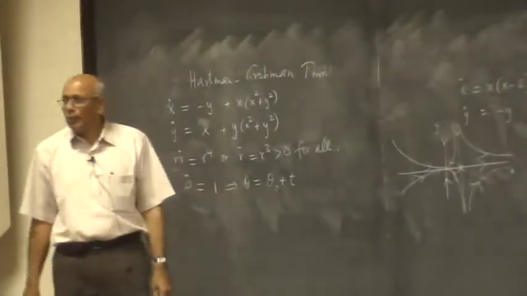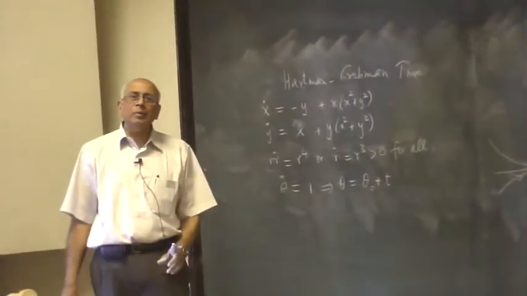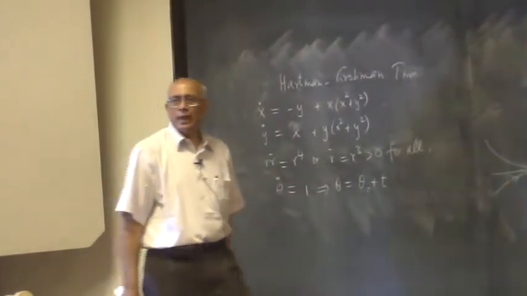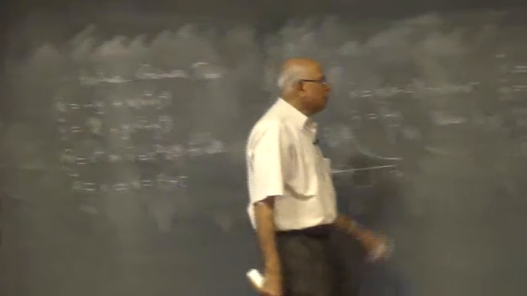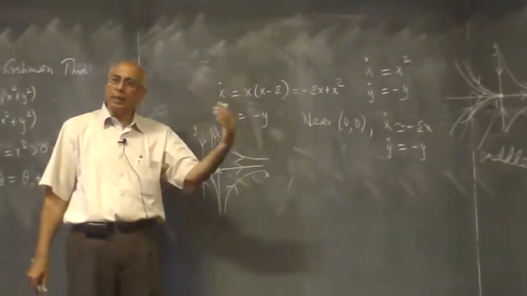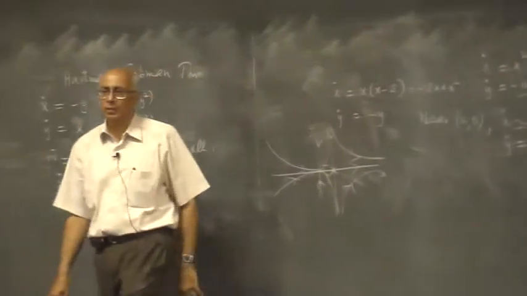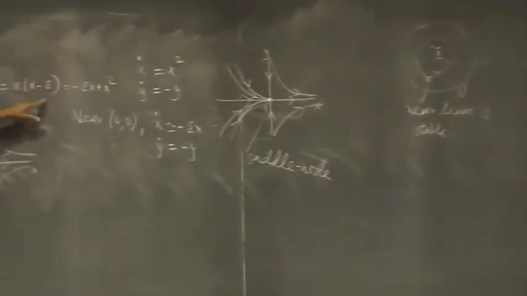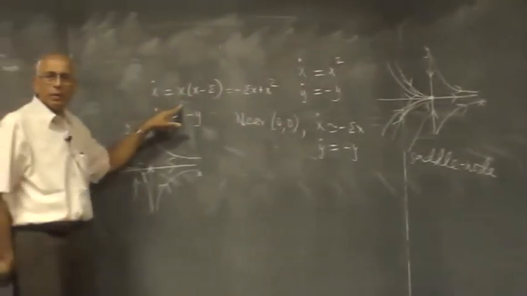You can now ask the more interesting question, what happens if epsilon were negative? After all, I have this parameter epsilon. I start with positive epsilon and move in the epsilon space to negative values. What would then happen? This would become x plus mod epsilon. This would remain as it is.